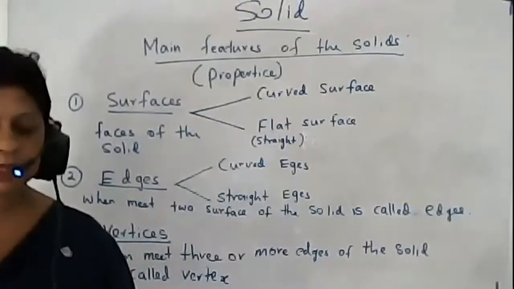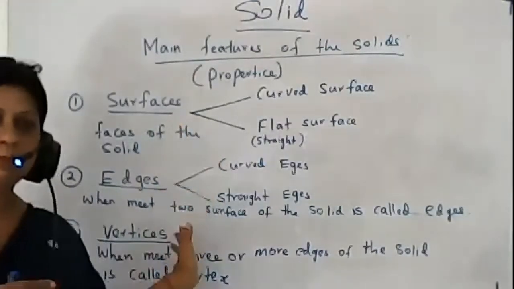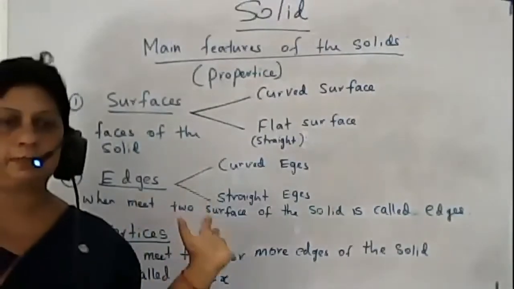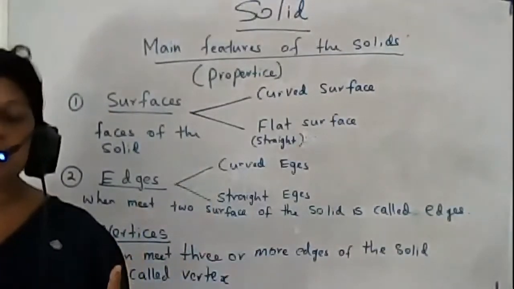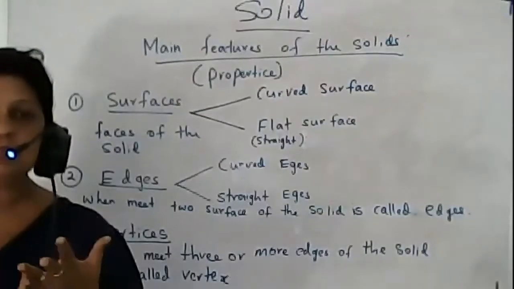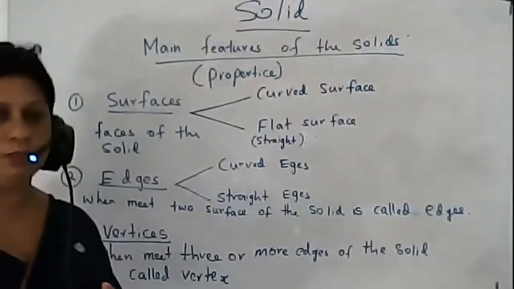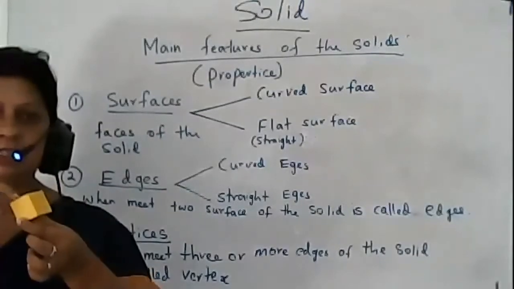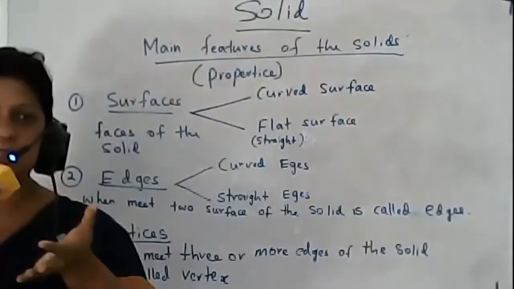Now tell me, first of all, the main properties or main features. After introducing these properties, I want to explain in this class only 3 solids. First one, cube. This is the cube. I think you already know the Sinhala word for this solid.